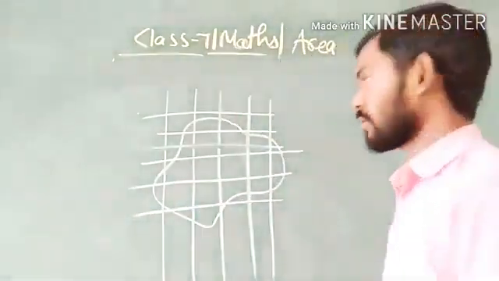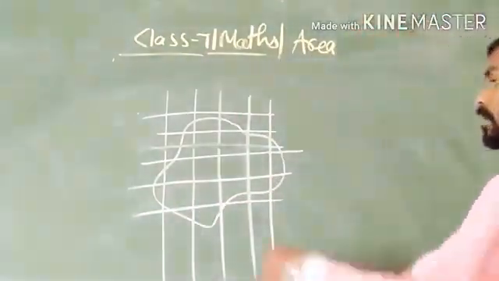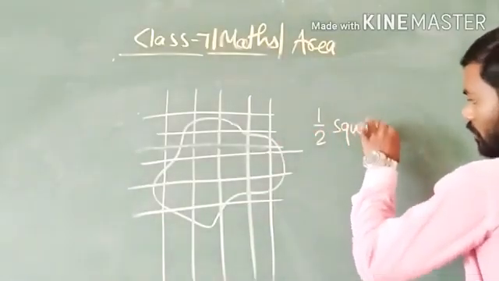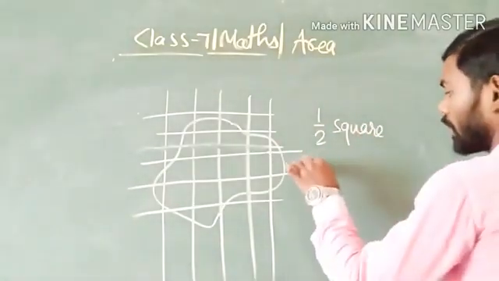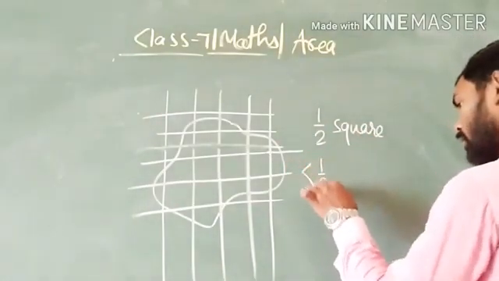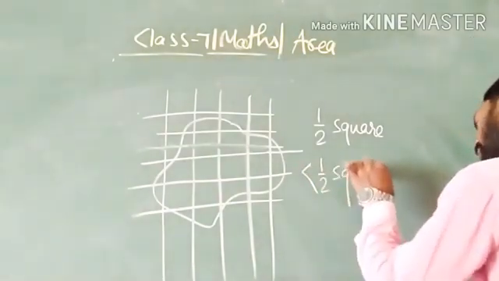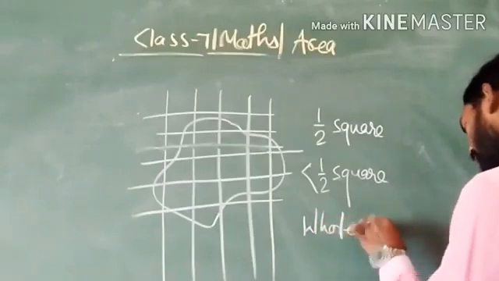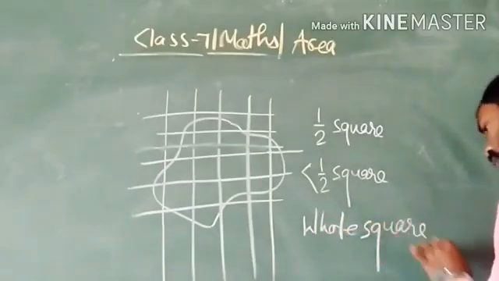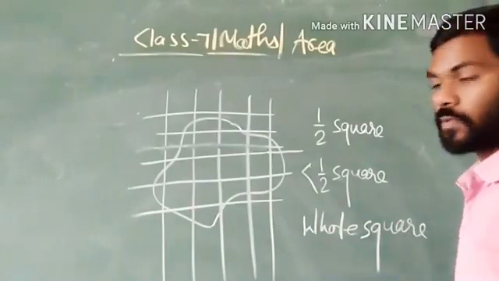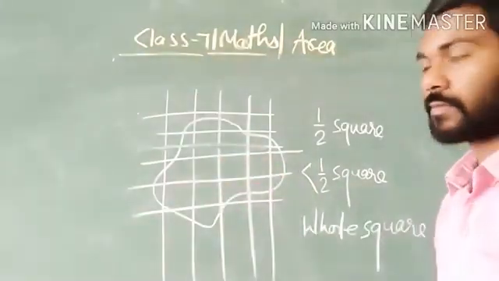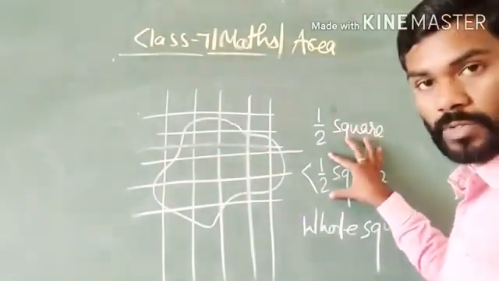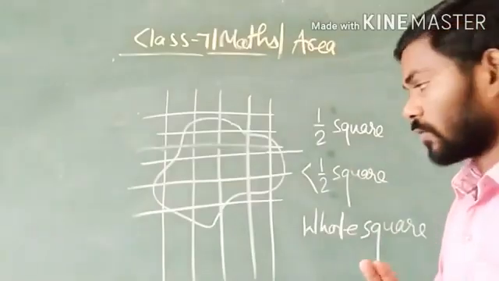Now our next step is to count half squares, more than half squares, and whole squares. Just count only these types of squares inside this figure.